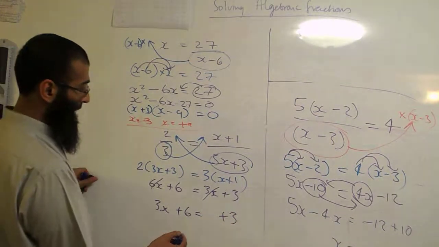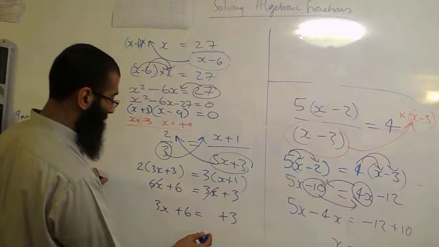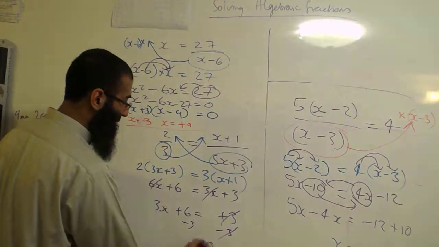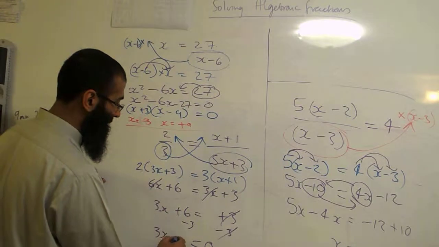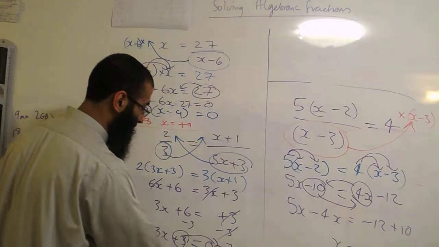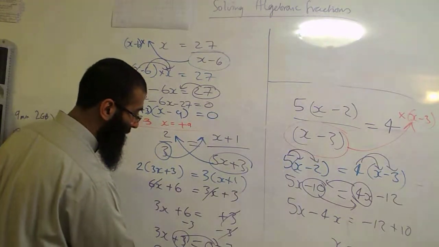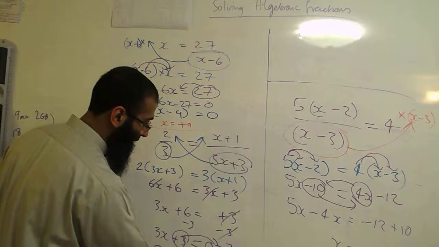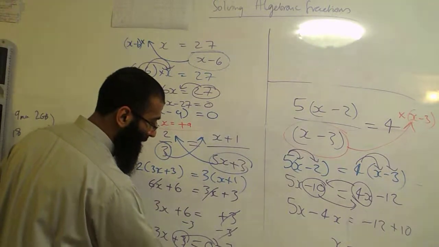If we now minus 3 from both sides, that will give you 0 is equal to 3x plus 3. The opposite of add 3 is minus 3. So 3x is equal to minus 3. The opposite of times by 3 is divide by 3. So the final answer is x is equal to minus 1.